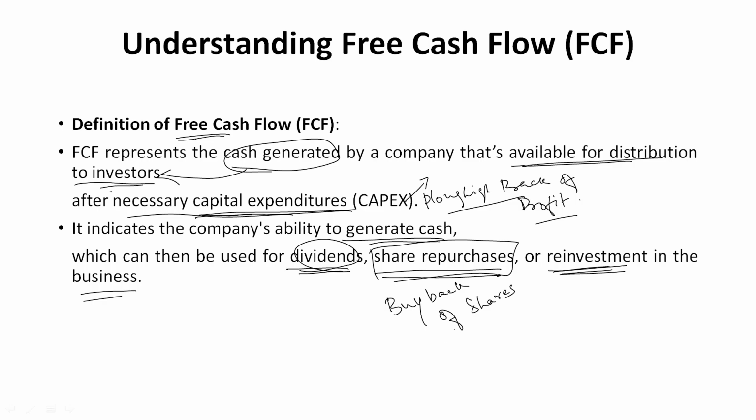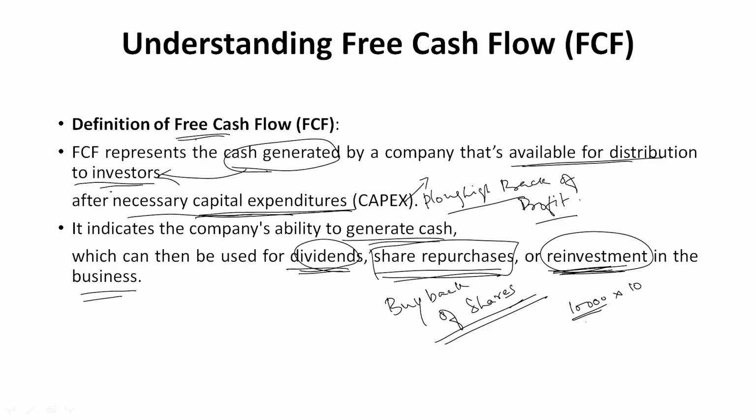So when do companies go in for buyback of shares? Let us assume that the company has issued 10,000 shares of 10 rupees each. The company has enough profit, but it does not have any avenue to reinvest in the company because they feel that the growth factor is stagnant at a particular point of time. Now what the company can do is use this excess money to buy back the shares.